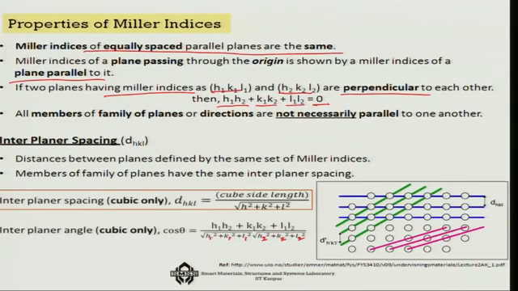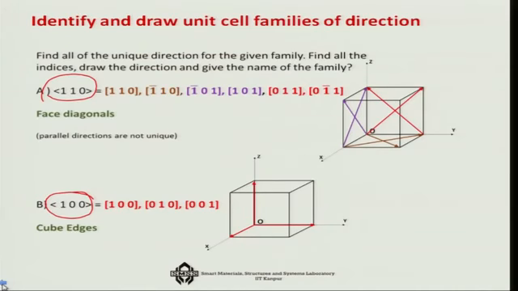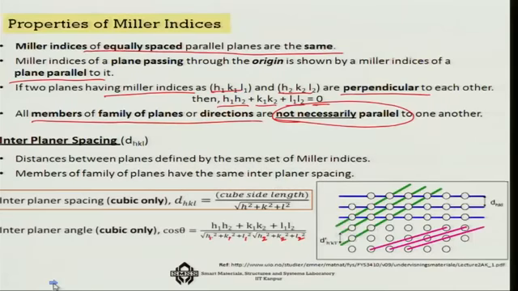All members of a family of planes or directions are not necessarily parallel to each other. You have to keep this point in your mind. Going back one or two slides, look at these face diagonals. They all belong to the same family, but they are not parallel to each other. That is the point we are telling here.